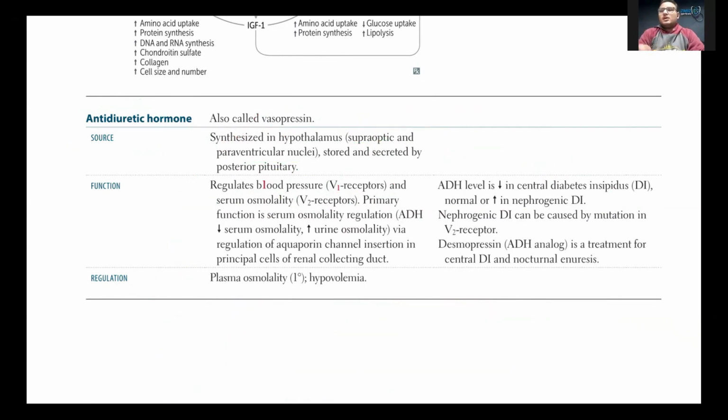So what is osmolality? Osmolality is determined by sodium ions, most likely. When we talk about osmolality, remember it is due to ions, but most likely sodium ions.